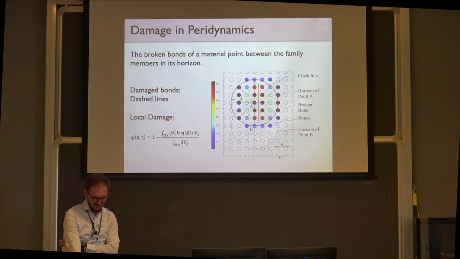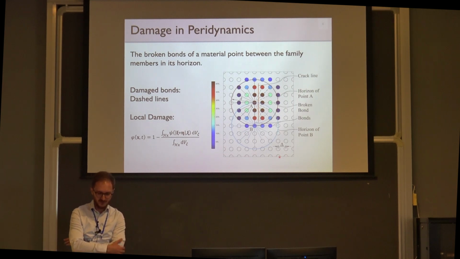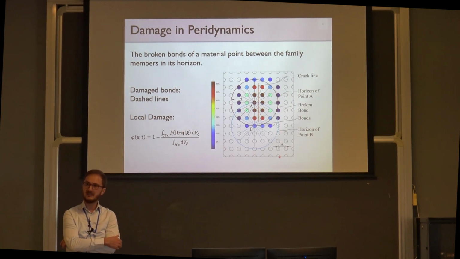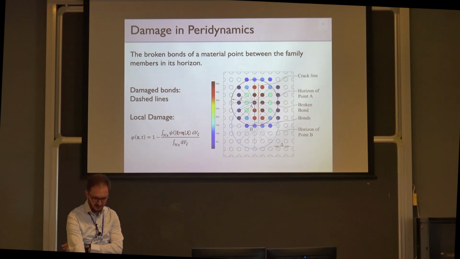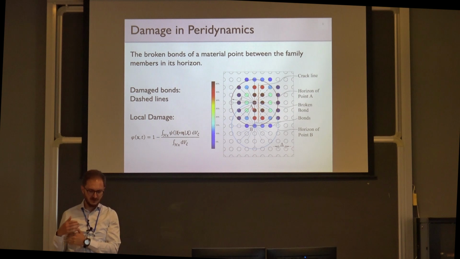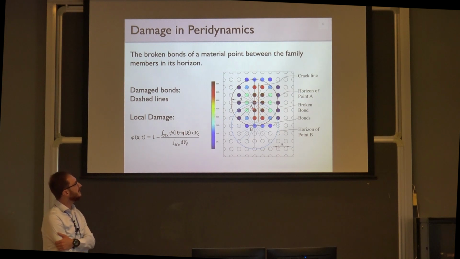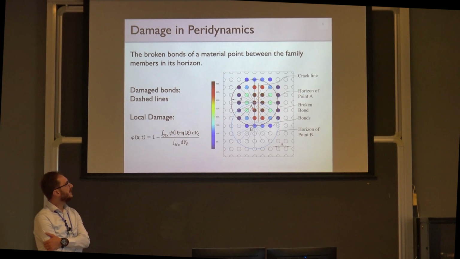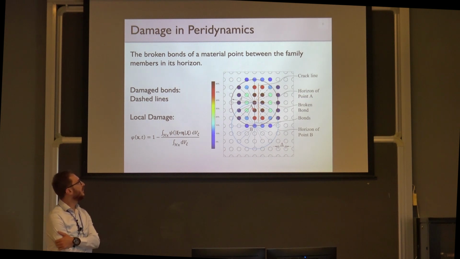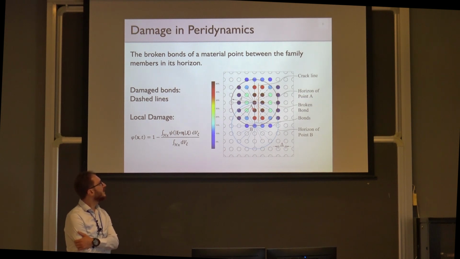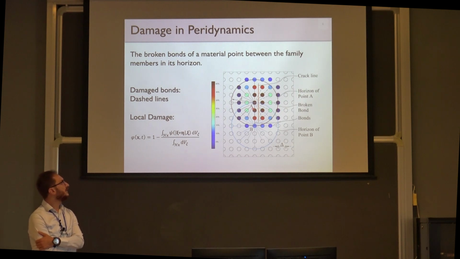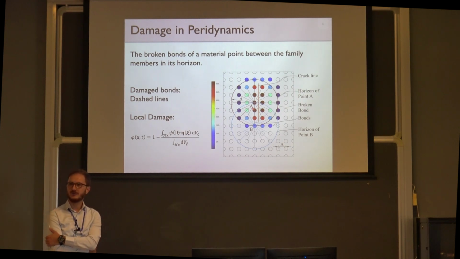This figure shows the broken bonds of a material point in a horizon, and the point A here has lost its connection with its family members on the right side of the orange line. The orange line is the crack line, and you see that it is very close to the material point A, and the damage level for point A is about 40%.